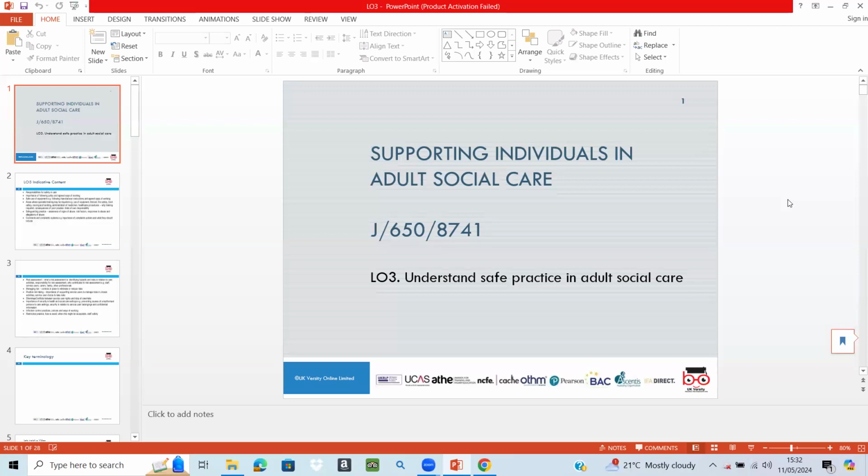The second important area in adult care is safeguarding vulnerable adults, which means understanding safeguarding protocols and procedures. It is crucial to protect vulnerable adults from abuse, neglect, or exploitation. Recognizing signs of abuse, reporting concerns, and following safeguarding guidelines are essential components of safe practice.